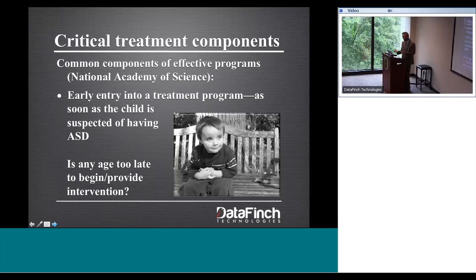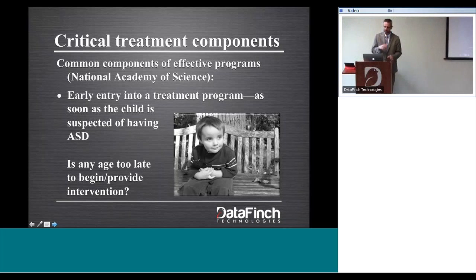Now, that commonality leads many people to ask, is there any age that's too late? Right? So is there sort of this threshold at which intervention becomes less or not effective? If my kid is X years old, is it too late to do anything?